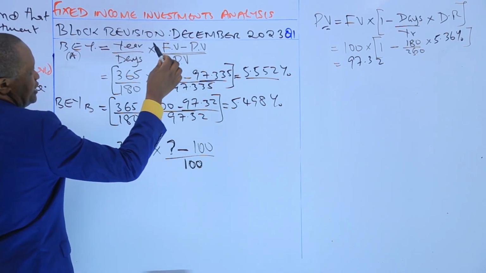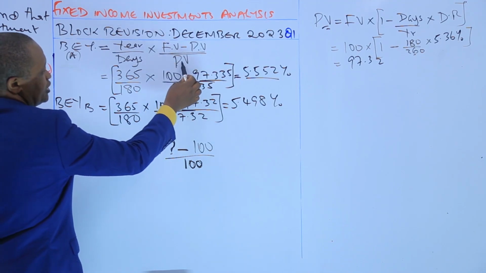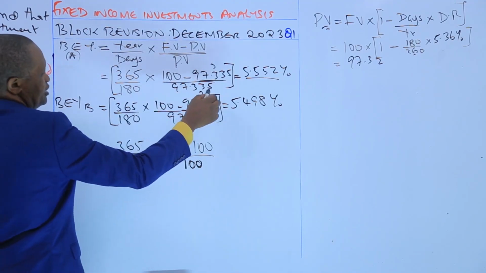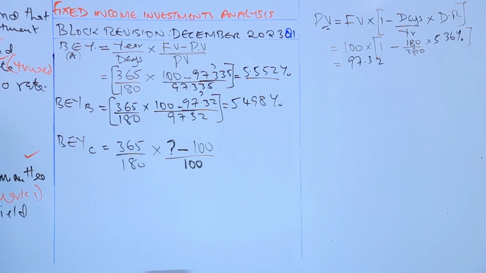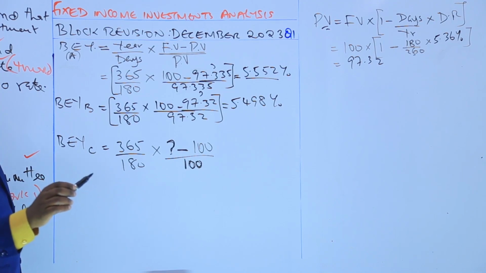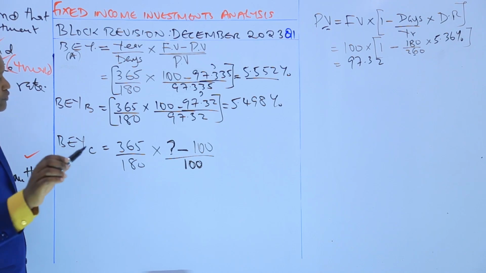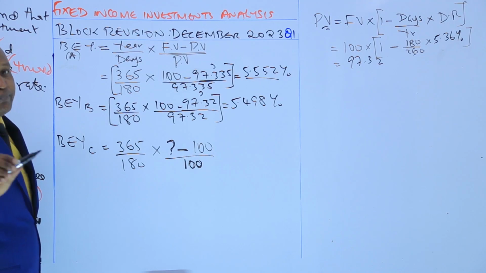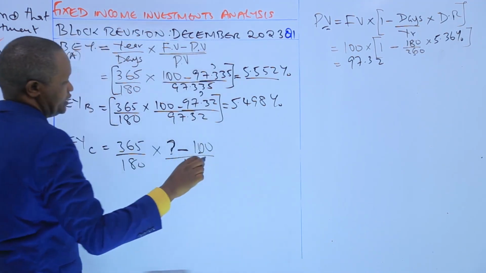That's why the unknown is the present value, which we calculated. These are the unknowns in A and B, which we calculated. But when calculating the bond equivalent yield using the add-on rate as the basis, then the present value is the par value, which is 100.